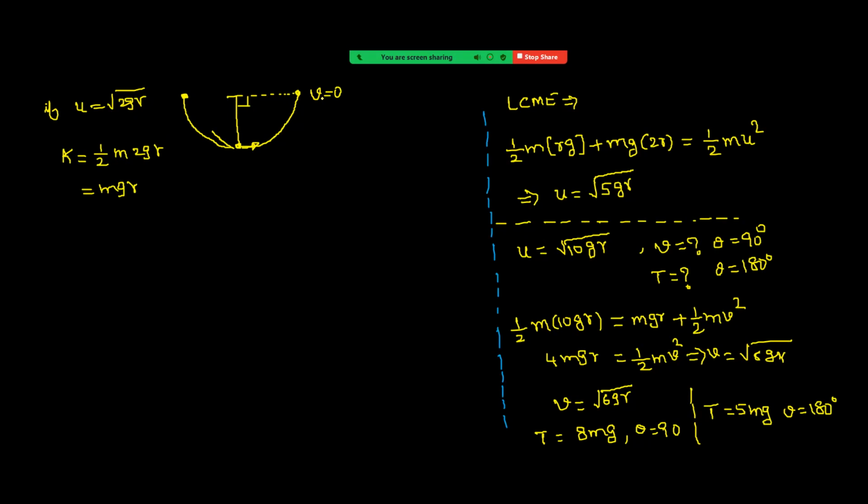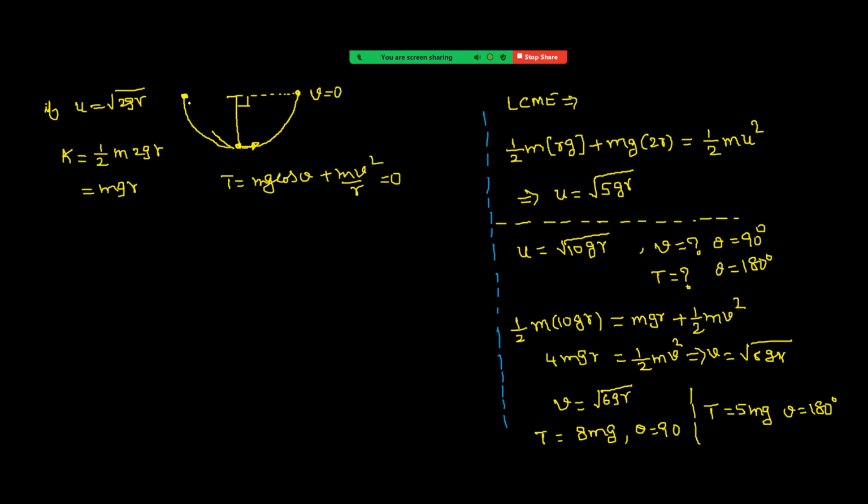Since no velocity, tension how much? We have seen that tension equal to mg cos theta plus mv square by r. So here v value 0, theta value 90 means the tension is 0. So when string becomes horizontal, tension 0 and velocity also 0. So it follows a circular path. You can say it is semicircular path.